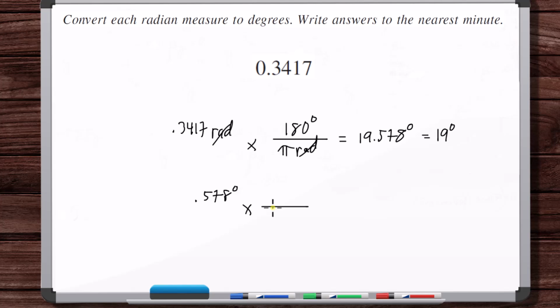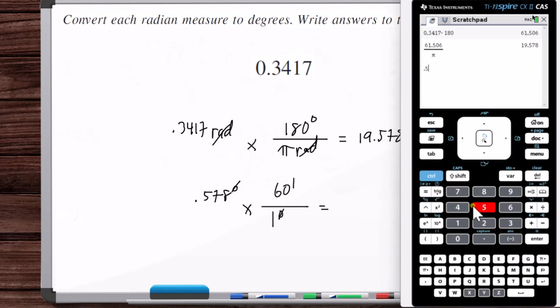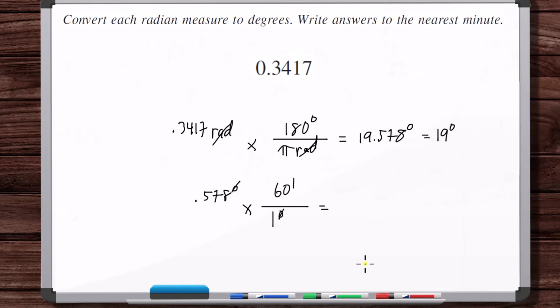So if we did that, then we would divide by 60 and take the whole degrees out. Okay. So 1 degree, 60 minutes. Degrees cancel. 34.68 minutes. Round that to the nearest minute, 35 minutes. So 0.3417 radians is 19 degrees, 35 minutes.